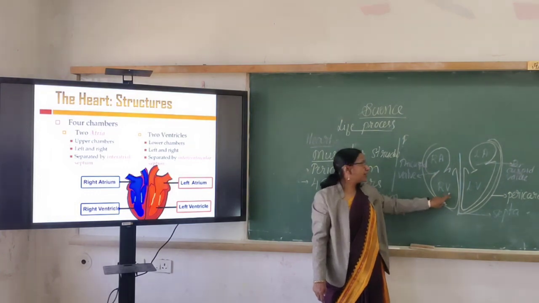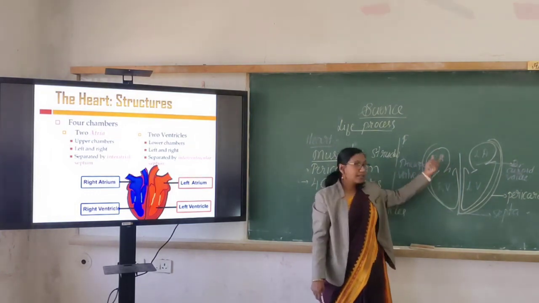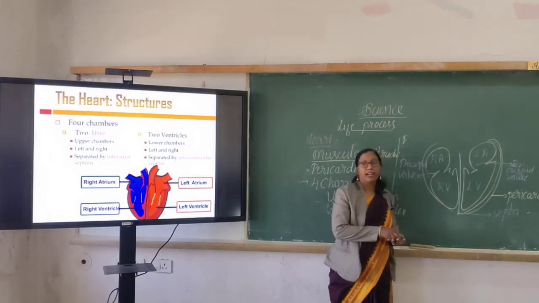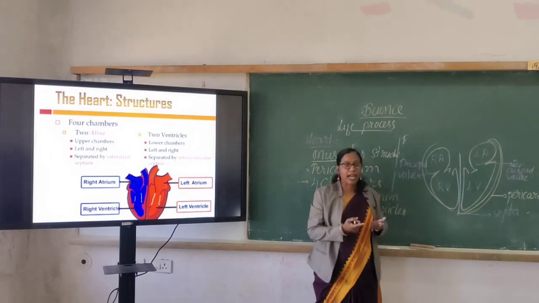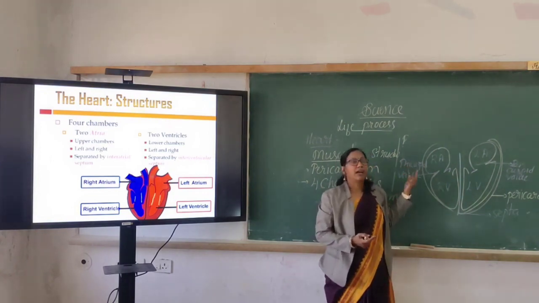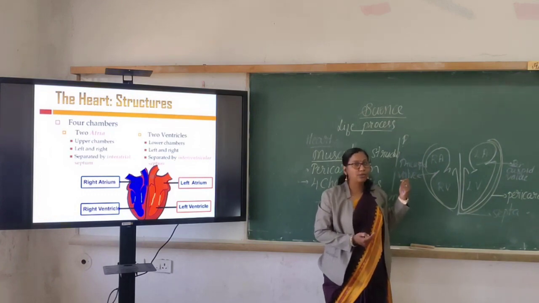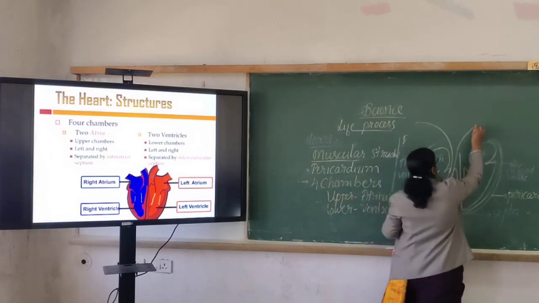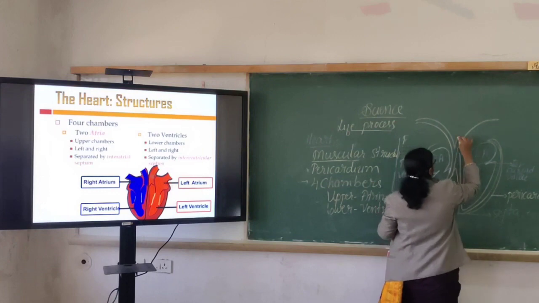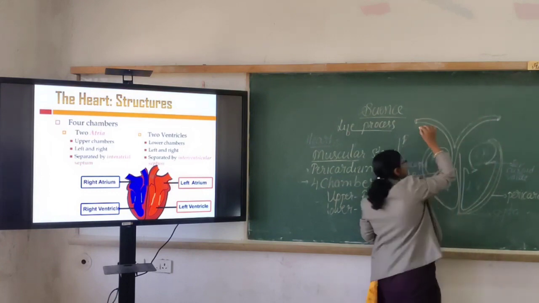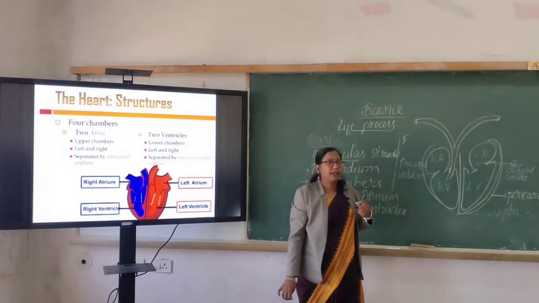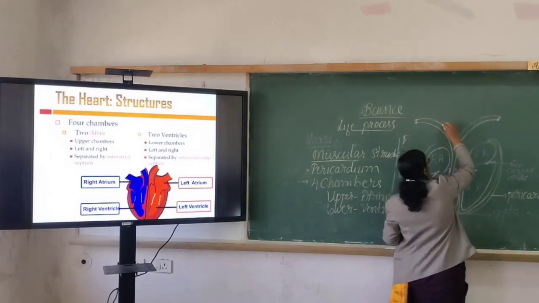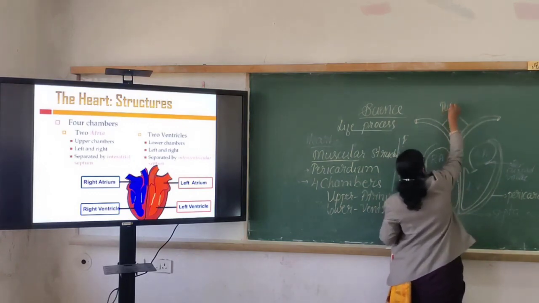From the right ventricle, the blood has to go to the lungs so that it gets oxygenated. Which vessel will carry this blood to the lungs? A special blood vessel is present, called the pulmonary artery.